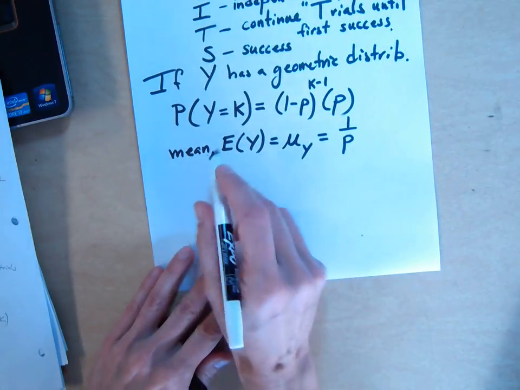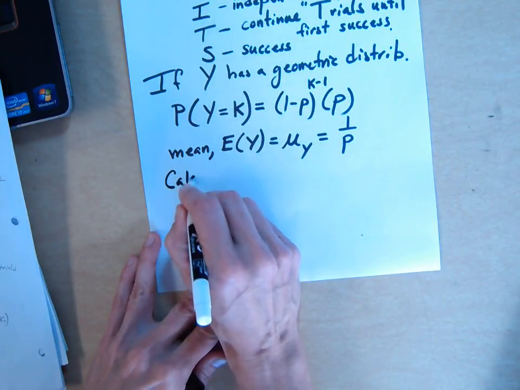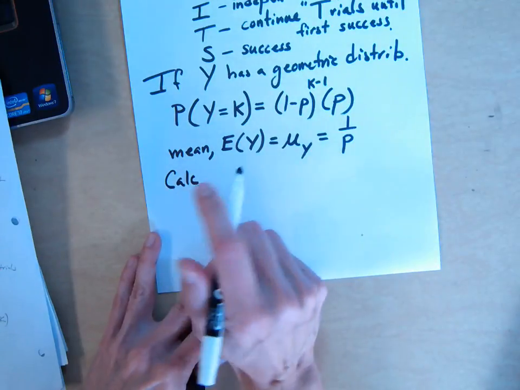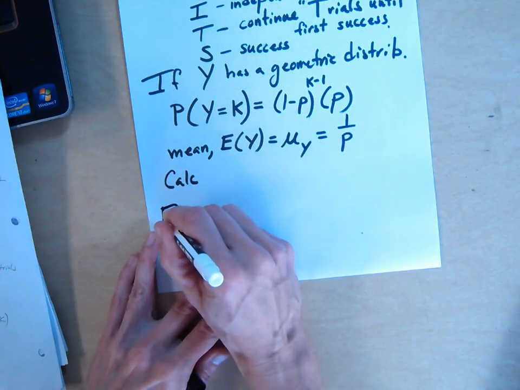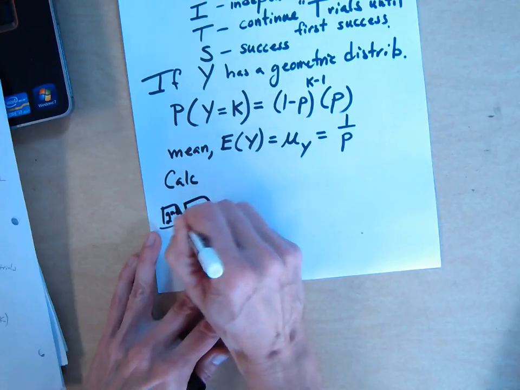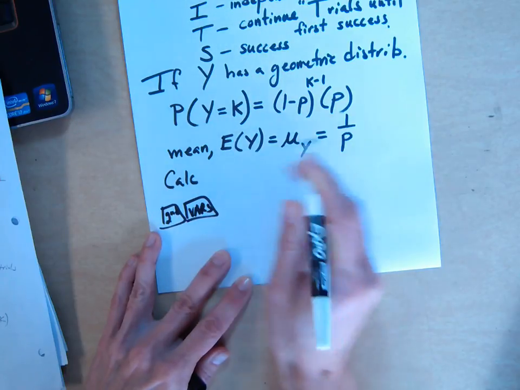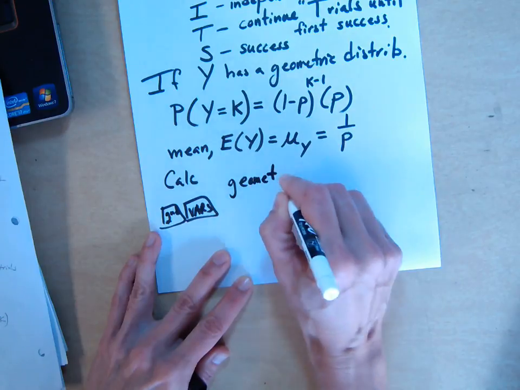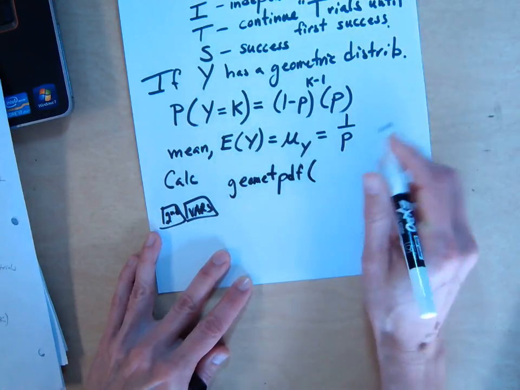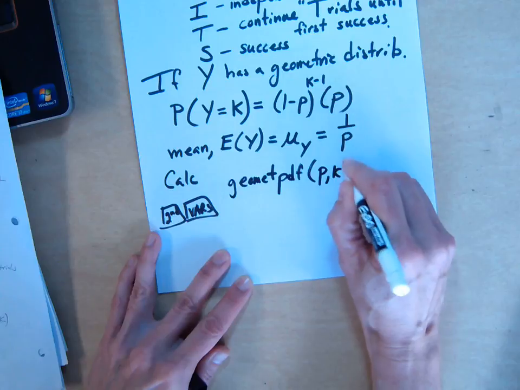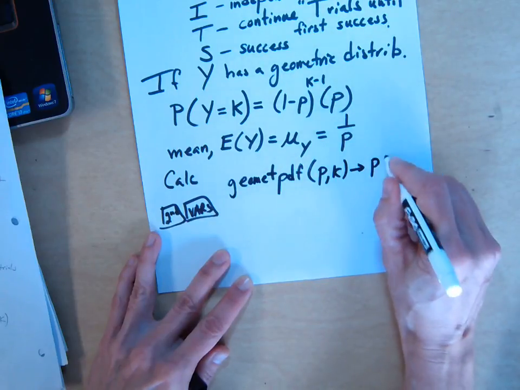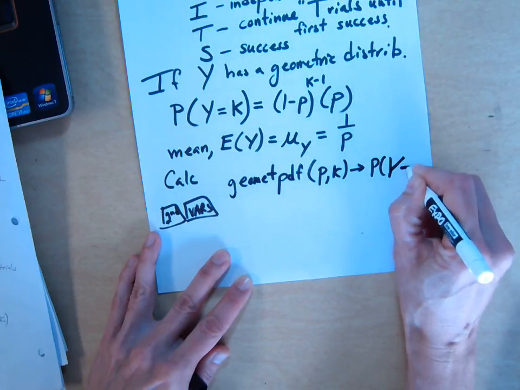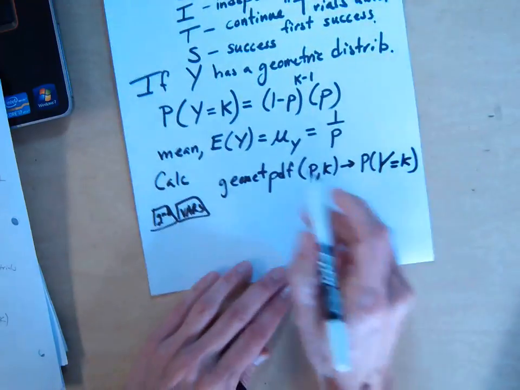So the last thing is, on your calculator, to do this, you don't even need to use this formula, as you might have suspected. If you go to 2nd VARS on your calculator, you go to geometpdf, and you give it p,k, and that will compute the probability that Y equals k. And I'll show you an example how to do that.